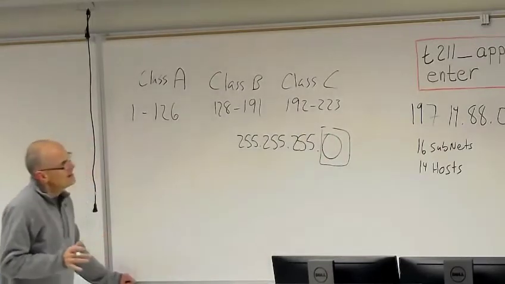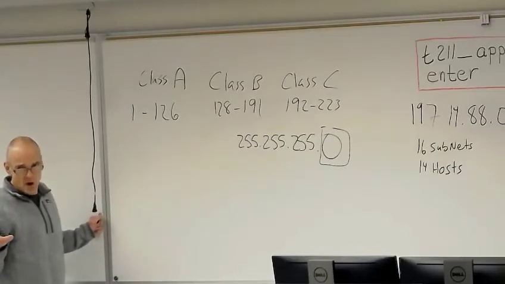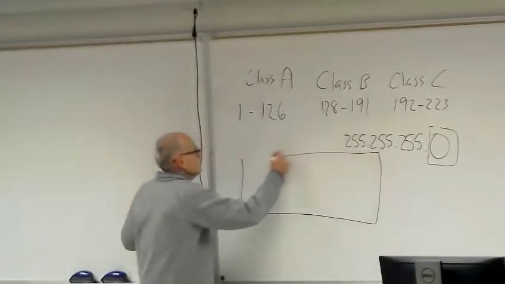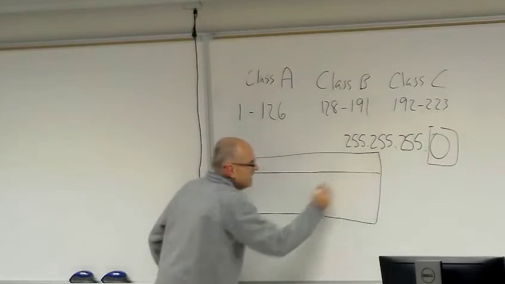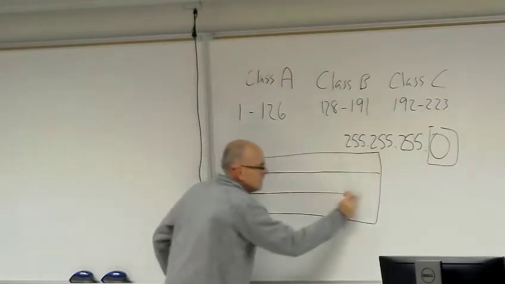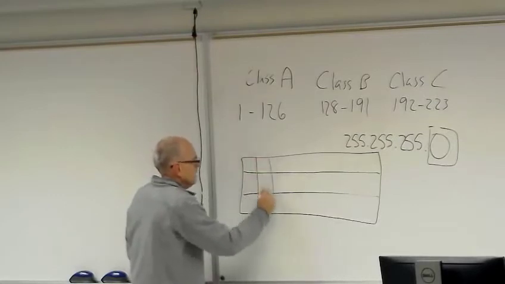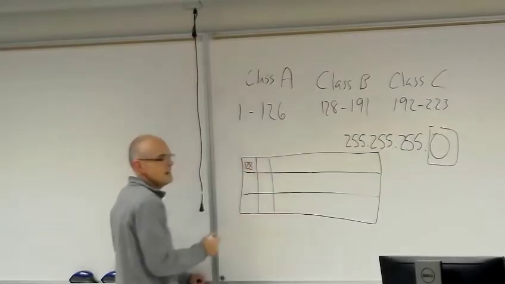I want us to take our papers and pencils out again so that we can follow along with me, and I want us to draw that table. Let's draw it with the 3 lines dividing it up. We'll start in the top left corner again with the number 128.